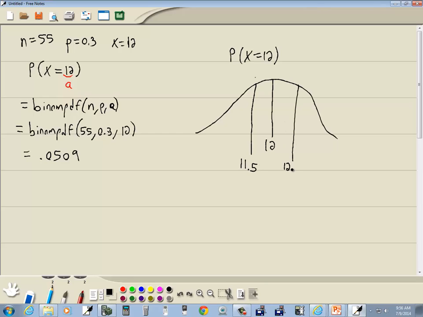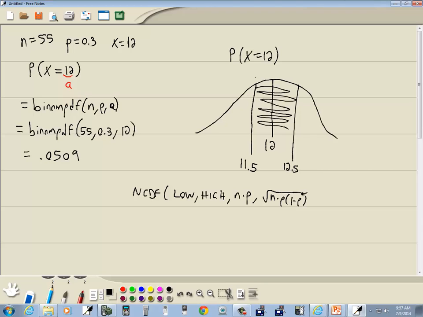It's always 0.5 for the correction. And this is when you got the equals case like that. So we'll do normalcdf, and our form, just to remind you, is low, high, the mean, which was n times p, and then comma, the square root of n times p times 1 minus p.